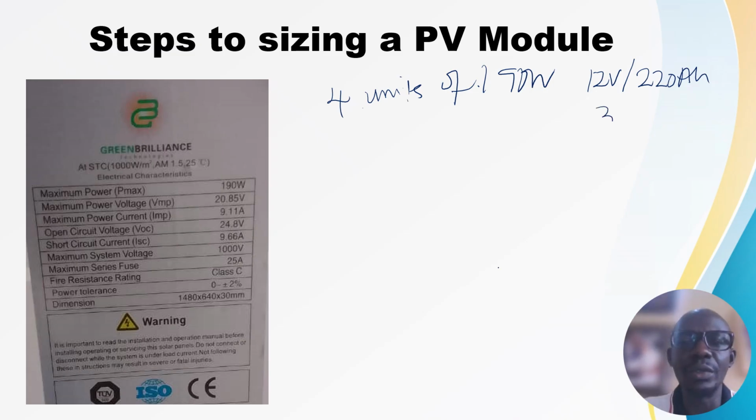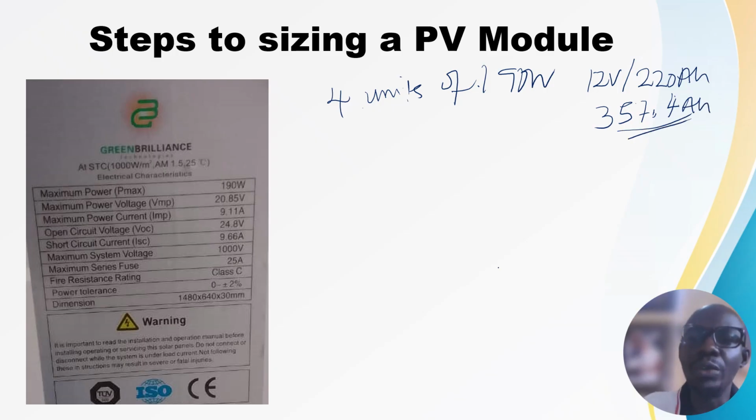We got our battery capacity as 357.4, if I'm not mistaken. But we need 2 units of 220 Ah so that we'll be able to get this 357. If we connect 2 units of 220 Ah in parallel, we sum the capacity.